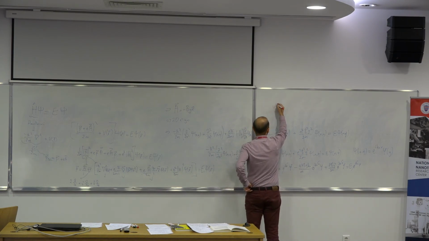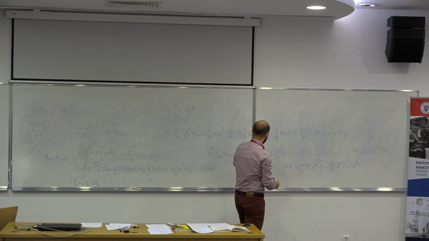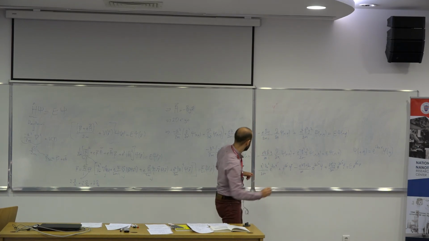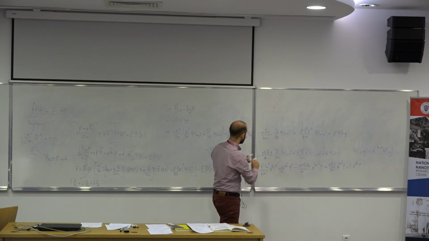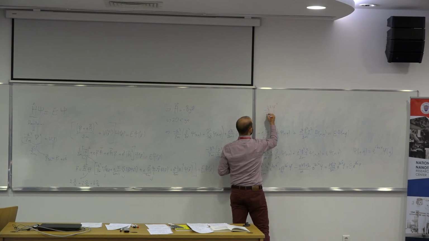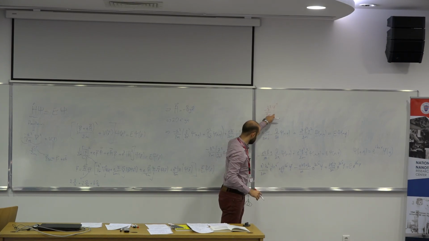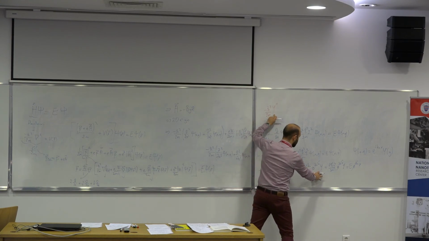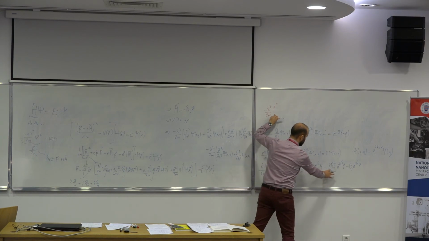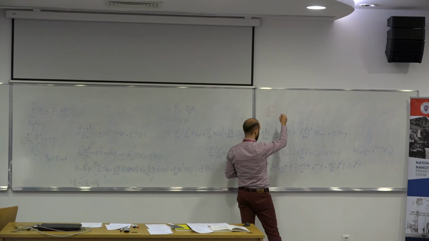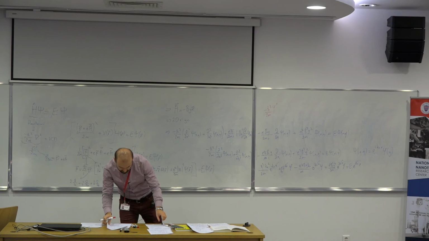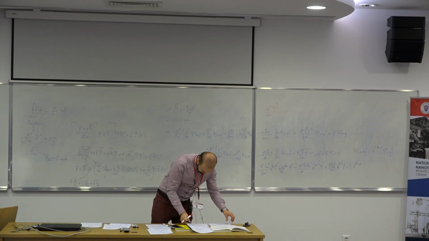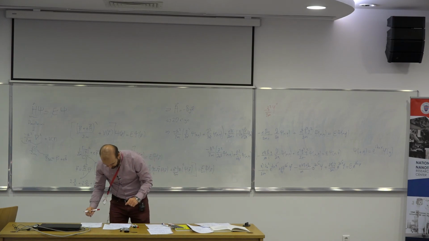I have y double prime. Sorry, I forgot to write down minus h bar squared over 2m here. So minus h bar squared over 2m psi double prime. Then I have a function of y here and y squared here. So let me write it this way. I think I should refer to my notes to save us from some trouble. Well, I cannot find my notes.